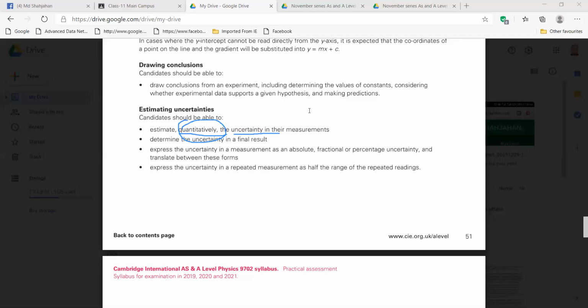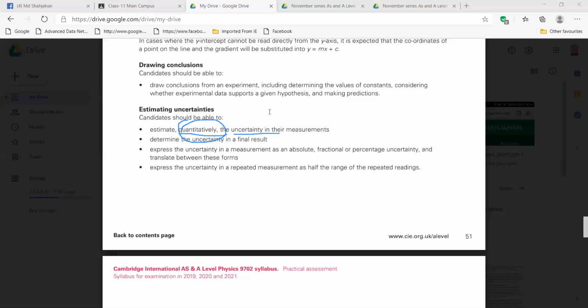You are recording 2.5 seconds, but what is the smallest reading, or the accuracy of the reading? It is 0.1, right?